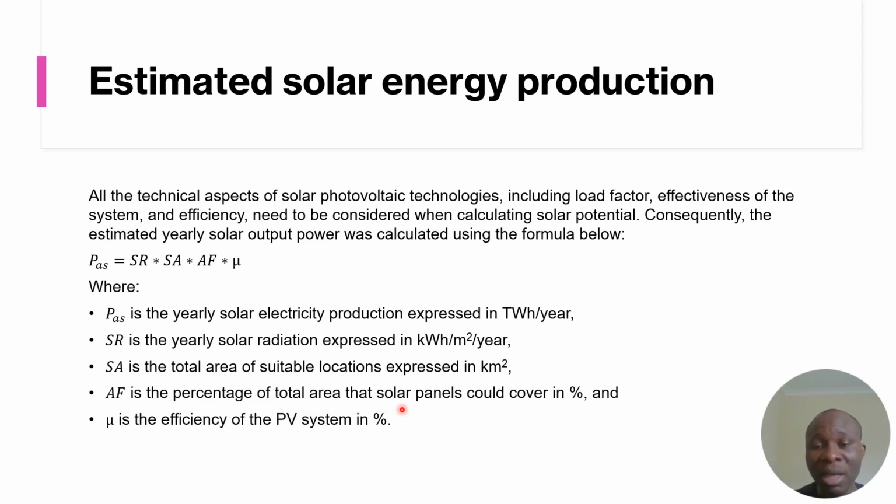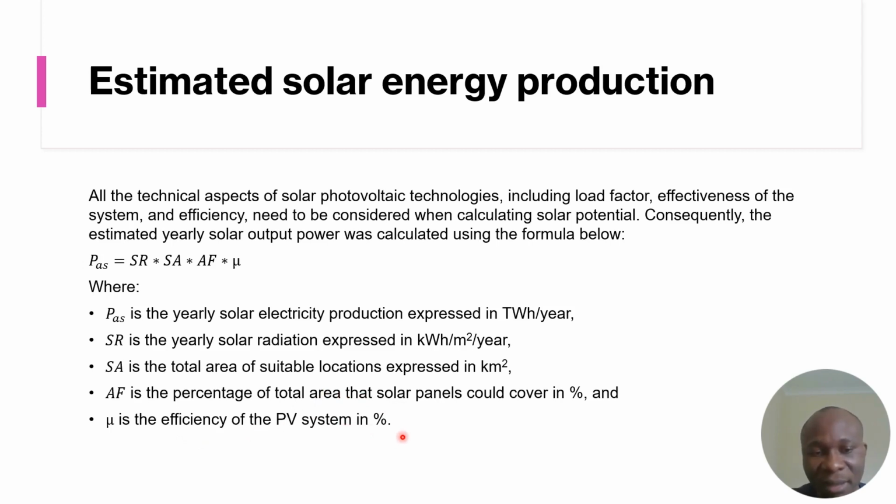Out of this area that we've found to be most suitable for solar renewable energy, we're still going to narrow it down to a certain percentage, because in reality it's not all the areas that are going to be suitable for solar renewable energy. So say 50, say 40, say 20 of this total area is suitable for renewable, then we bring it down to further process on the 20.